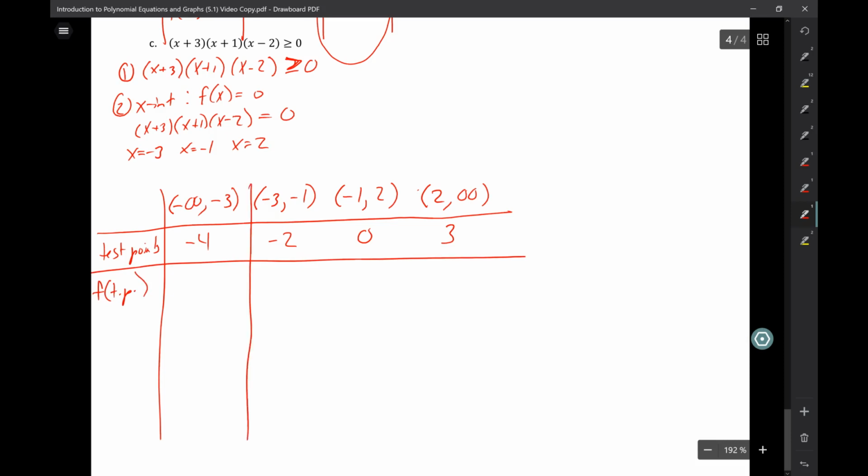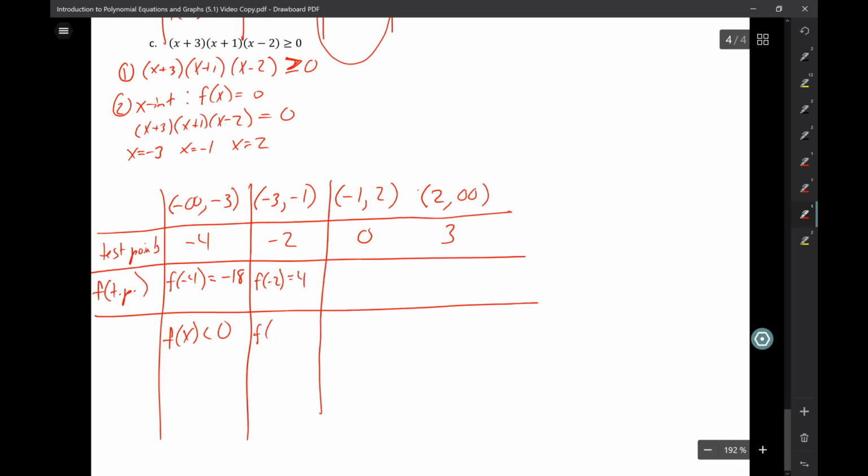So let's find out what f of -4 is. For f of -4, everywhere you see an x, you put in -4, you're going to get -18, which means that the function is actually less than 0 here. If you put in -2 everywhere you see an x, you're going to get +4.